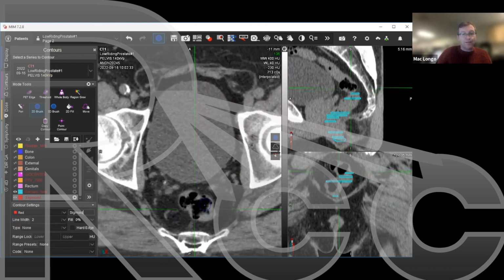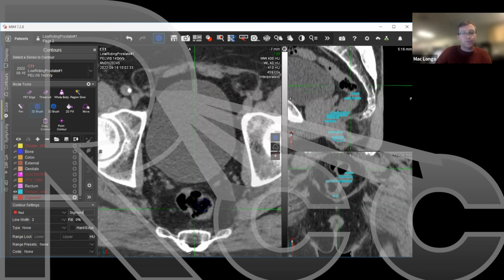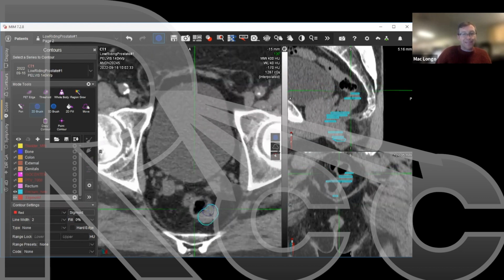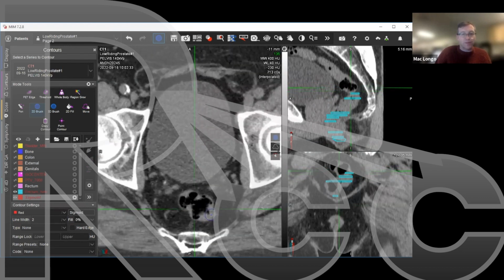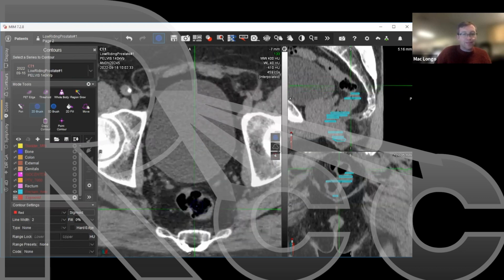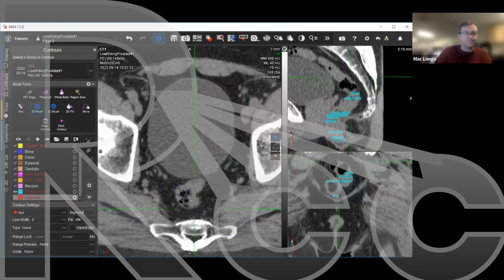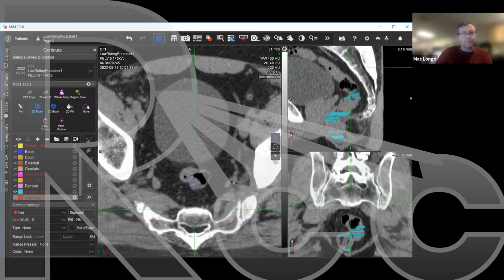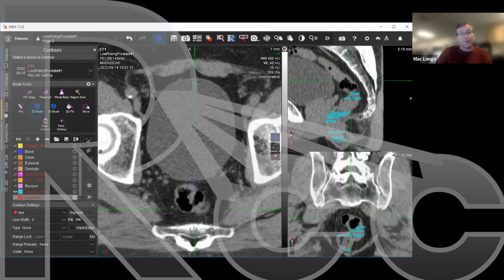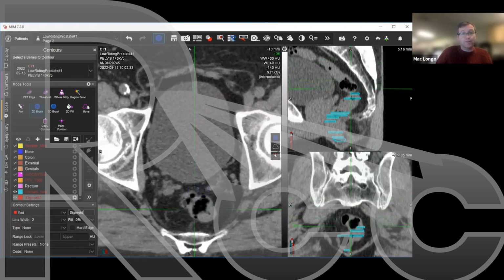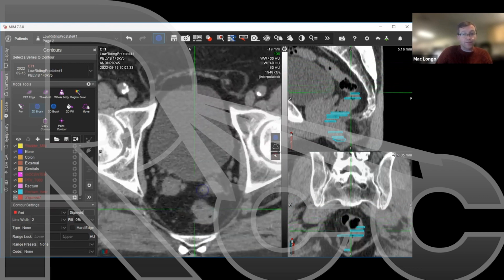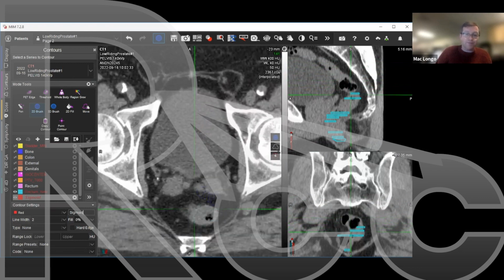Recent clinical trials in the intact setting, like RTOG 0924, use the definition where you clearly see anterior movement into the sigmoid colon, and that's what I often use in my clinical practice. But the more conservative thing would be to cut the rectum off at the RTOG definition. Why is that more conservative? Our constraints for sigmoid colon are much tighter, more restrictive, than they are for rectum.